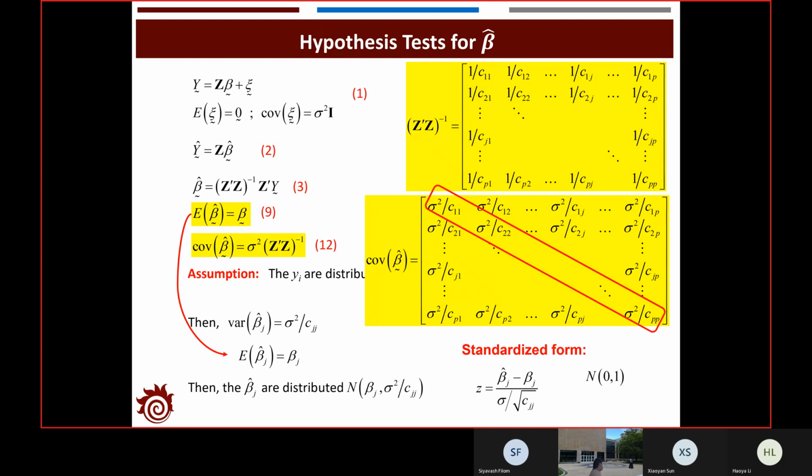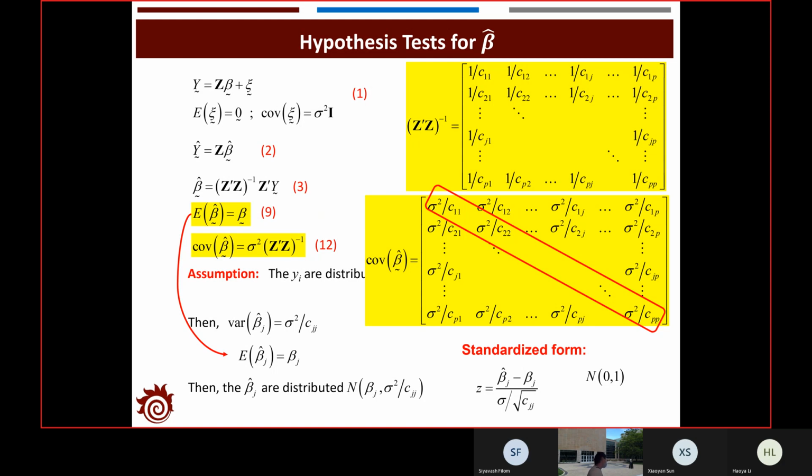So this is the standardization for the variable. Go ahead. Sigma square is the variance of the random term, epsilon, in the definition. This is the assumption we made for the linear regression model.